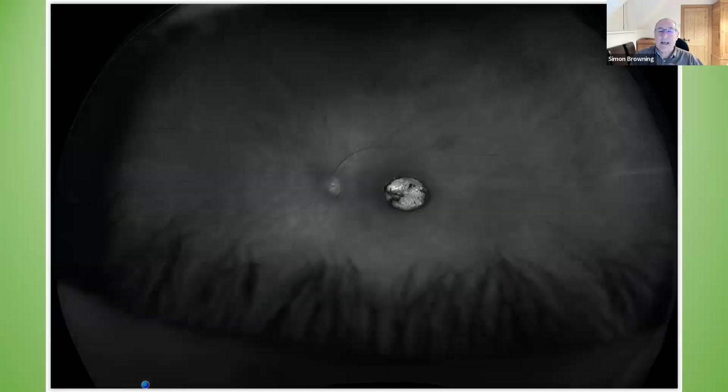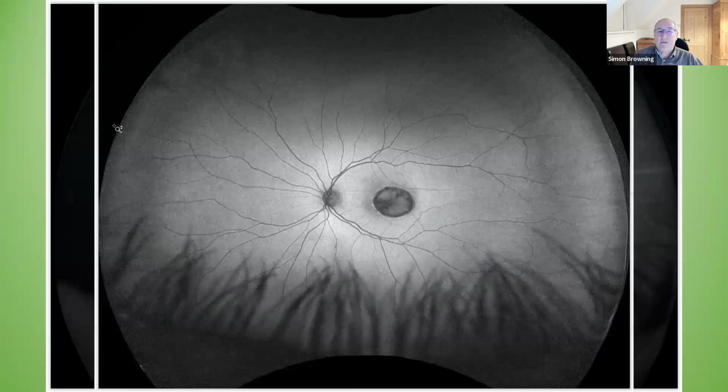And you can see there's the autofluorescence image, and you can see the whole thing of this being completely dormant. There's a tiny bit of hyperfluorescence around the edge here, but that is dormant. And you might remember from the autofluorescence lecture last month, often you will see what starts off as hypofluorescence, because it's old and long-standing, you often see areas of hypofluorescence within the margins as well. So that's a very old, long-standing lesion there.